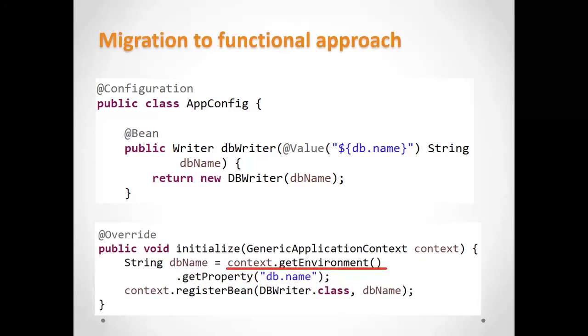It's very simple, because generic application context has reference to environment, and on environment it's possible to use function getProperty to find this property name. And the function register bean accepts multiple parameters, including all the constructor arguments for your beans.